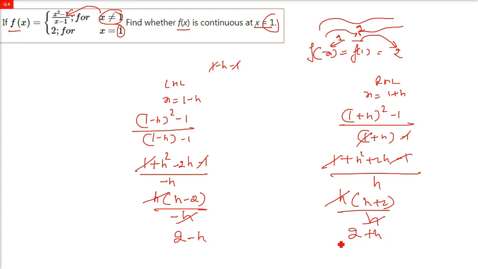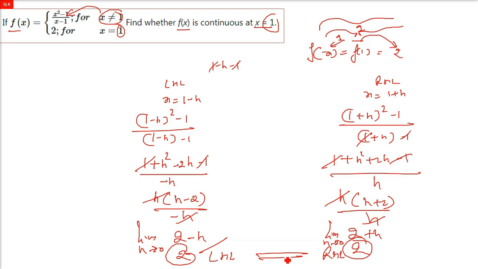Here 2 plus h. Now apply the limit, h tends to 0, so this will be 2 on both sides, 2 and 2. What it means is that the left hand limit is equal to the right hand limit, which is equal to 2.